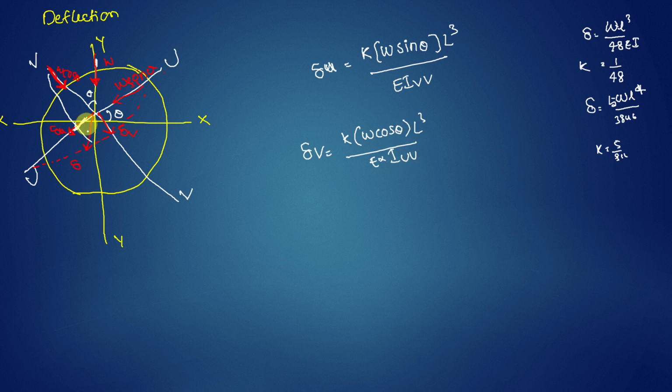When you say "about," it is away from the respective line I am talking about, because moment of inertia is nothing but the area of the element multiplied by the square of the distance up to the axis. So it is deflecting from the axis, so we have to consider the moment of inertia about that axis, right? When you are talking about delta v, that is deflecting in the plane of v but about the u axis, so you have to consider the moment of inertia about the u axis, that's it.